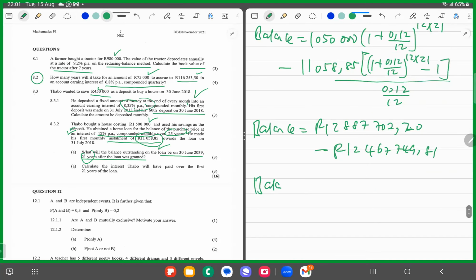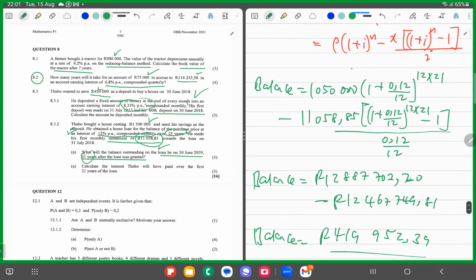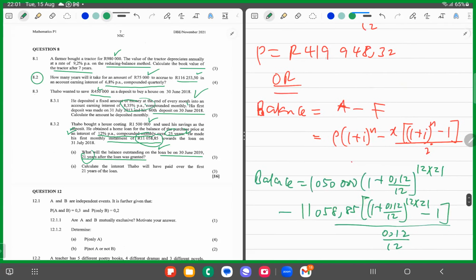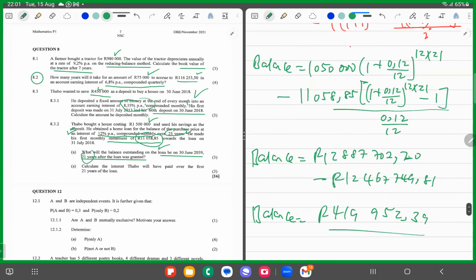So what is the balance? You do calculator work, which is 419,952.39. So the balance is going to be this, which is exactly what we got here, 419,948. So it's approximately that.